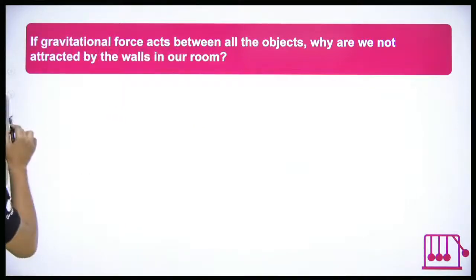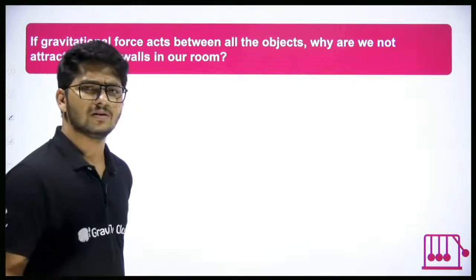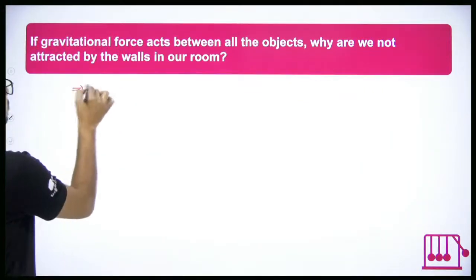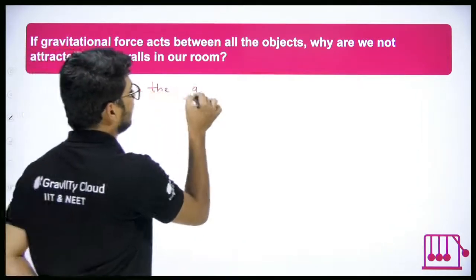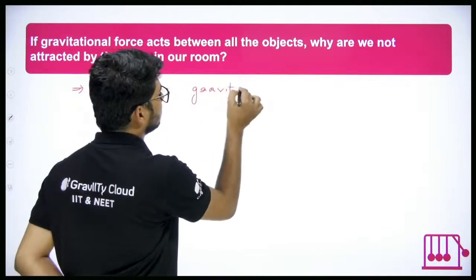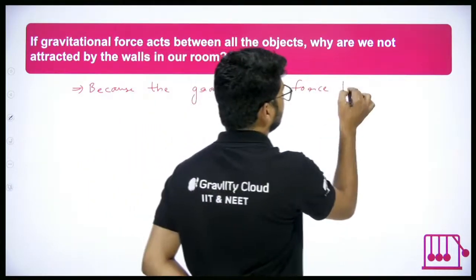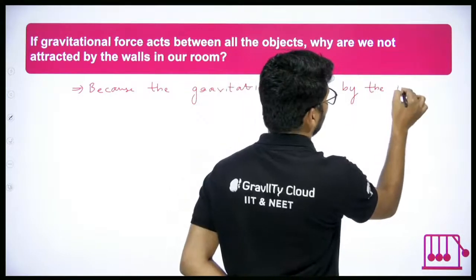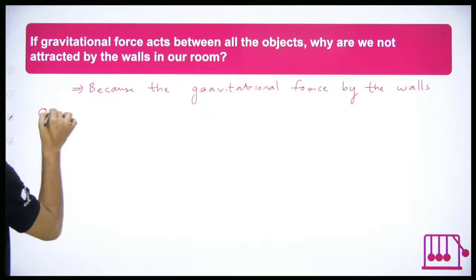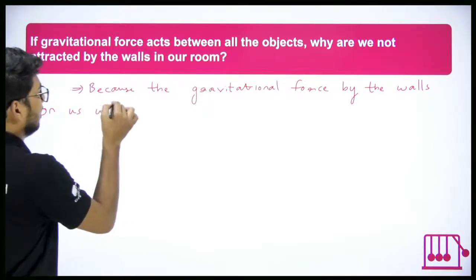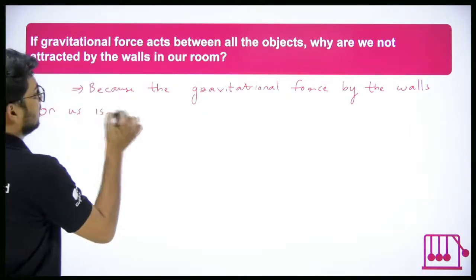So why are we not attracted by the walls in our room? That's the question. It's very simple. Because the gravitational force by the walls on us is very small.